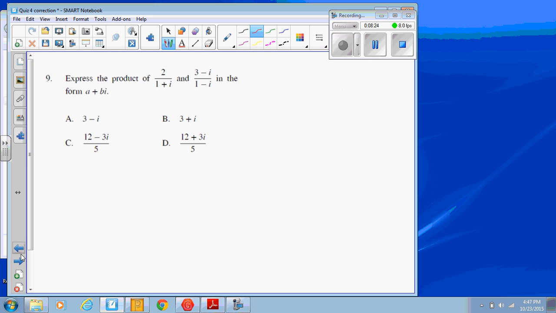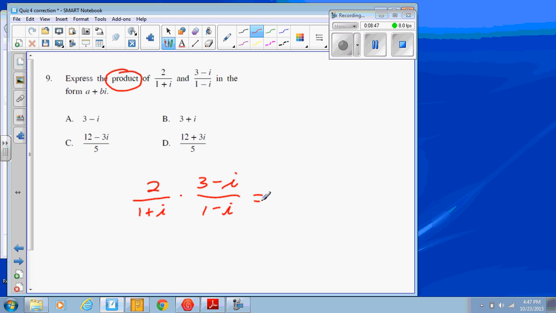The next problem. Okay, this is where it gets a little tricky. Product means multiply, so I'm going to multiply 2 over 1 plus i times 3 minus i over 1 minus i. Now, I remember back in 5th grade when we learned to multiply fractions, we multiplied the tops together, and then we multiplied the bottoms together.